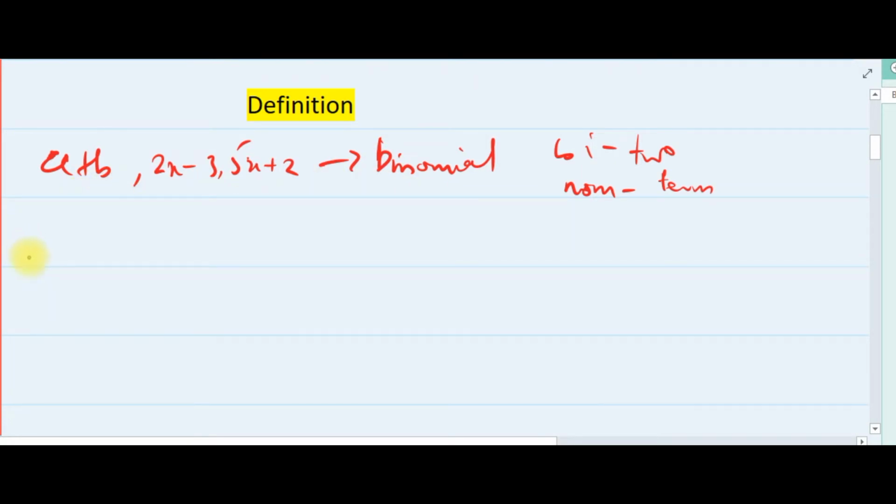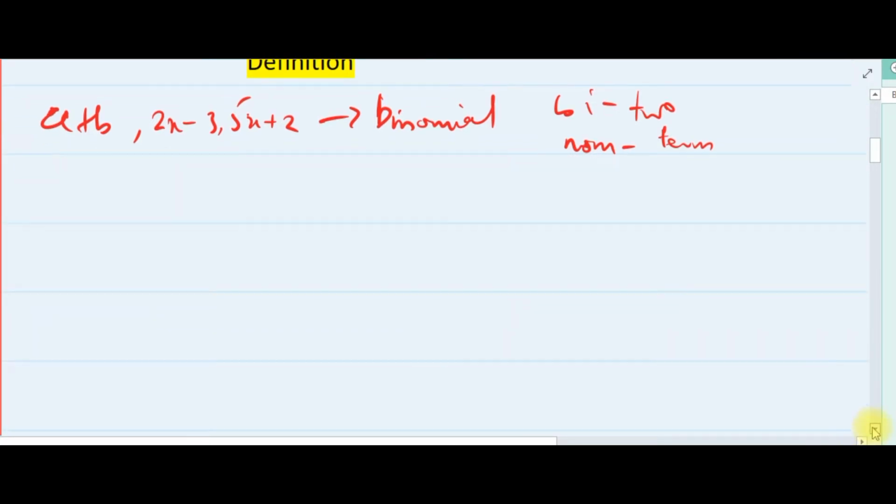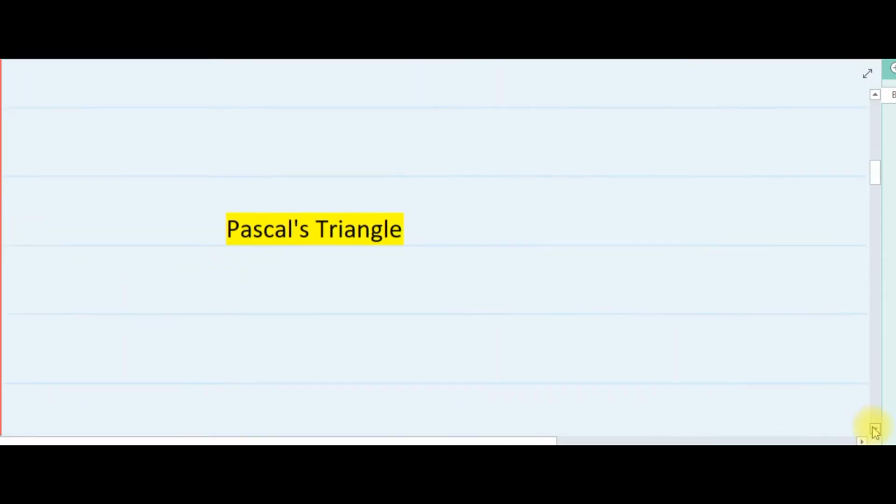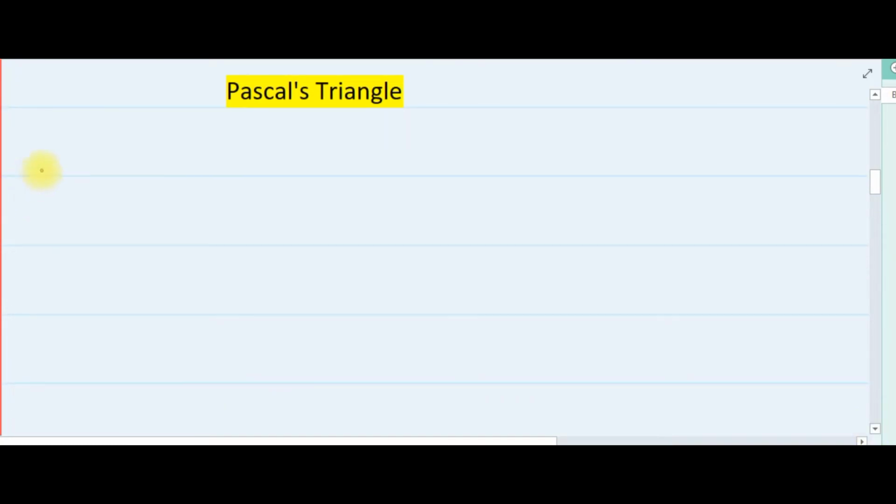So about Pascal's triangle. You will notice that from our basic algebra, if you have A plus B raised to the power 0, the answer is 1.